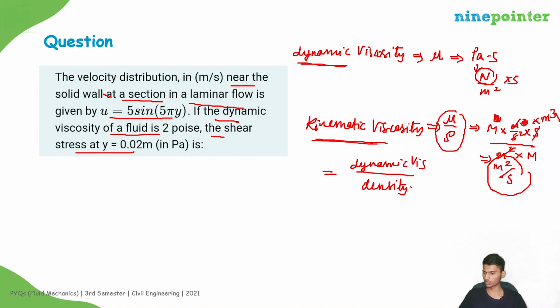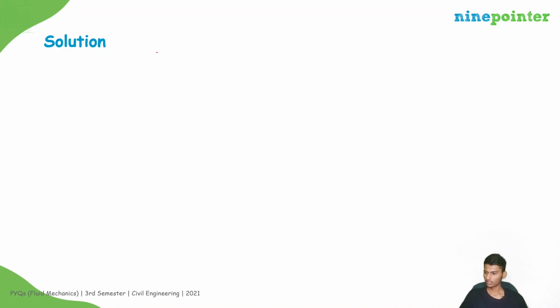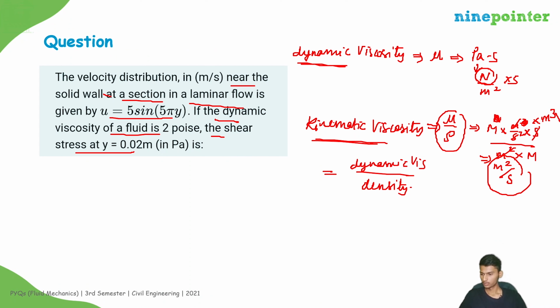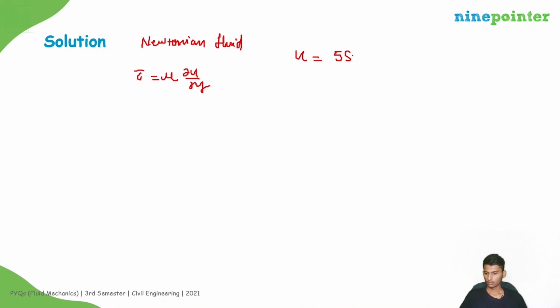Now let us solve the question. We need to find the shear stress. If nothing is mentioned, we assume a Newtonian fluid. So for a Newtonian fluid, tau equals mu into dou u by dou y. We already know the velocity distribution, that is u equals 5 pi sine of 5 pi y.